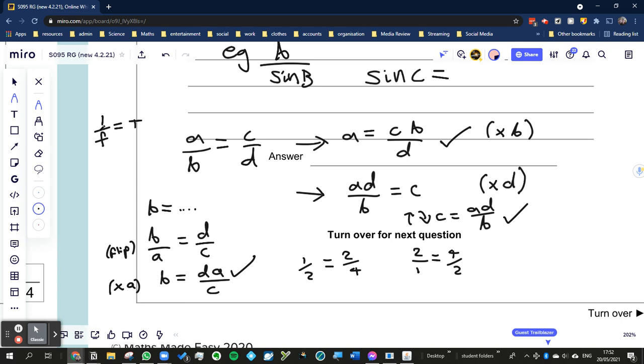If I flip both sides, I have F over 1, which is just going to be F. And that's equal to T over 1, flipped, so this will now be 1 over T. So that's a rule that a lot of people aren't familiar with using, but it is very, very helpful. Okay, I'll stop that there.